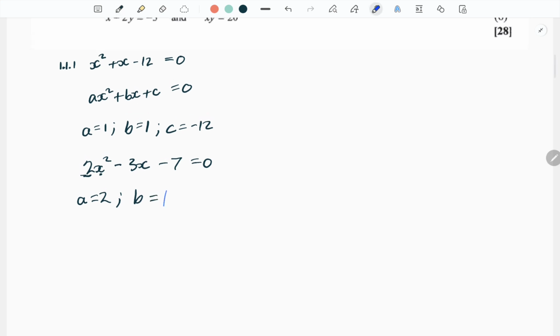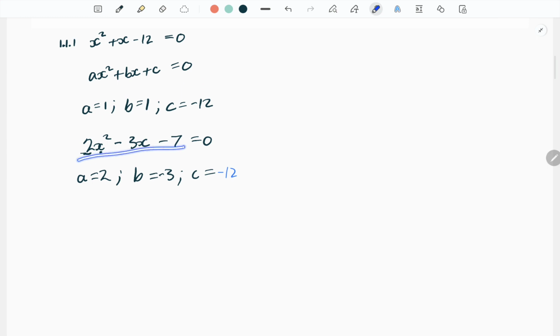Remember, b is the coefficient of x, with its sign, so don't forget the sign: b is negative 3. And c is the constant, with its sign: negative 7.